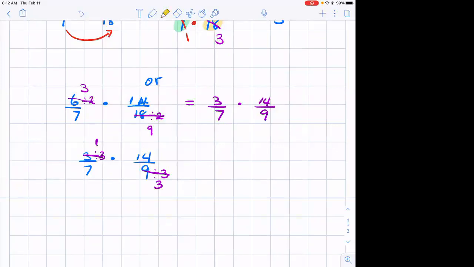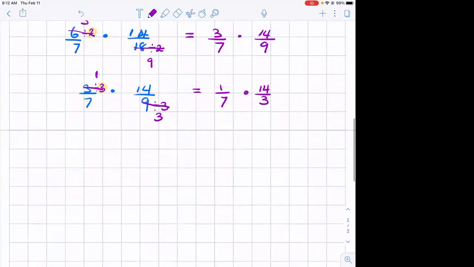So you can go 2 and then try 3, or you could have tried 6 and then you would have to only do it once. So if we do this, what do we have now? 1 over 7 times 14 over 3.